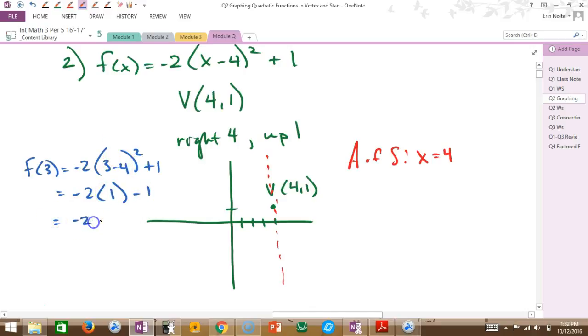So -2 minus 1. But that rule doesn't apply. You know, I do the opposite of the 4. You don't have to do that. So what's the point that I just found? 3, -3. Everybody okay with that?